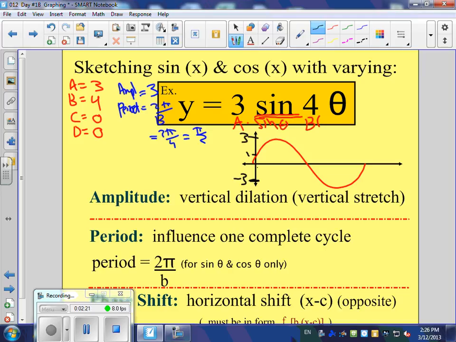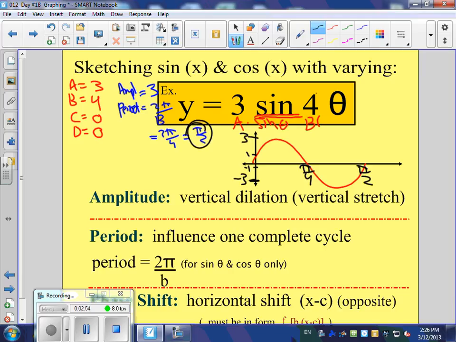Normally it just went to 1 and -1, but now it's going all the way up to 3 and down to -3. The completed cycle of this one is going to be pi over 2. And I like to put the halfway mark in there, pi over 4. There it is. Pi over 2 is your completed cycle because of the 4, and 3 is how high and how low, -3, that it goes.